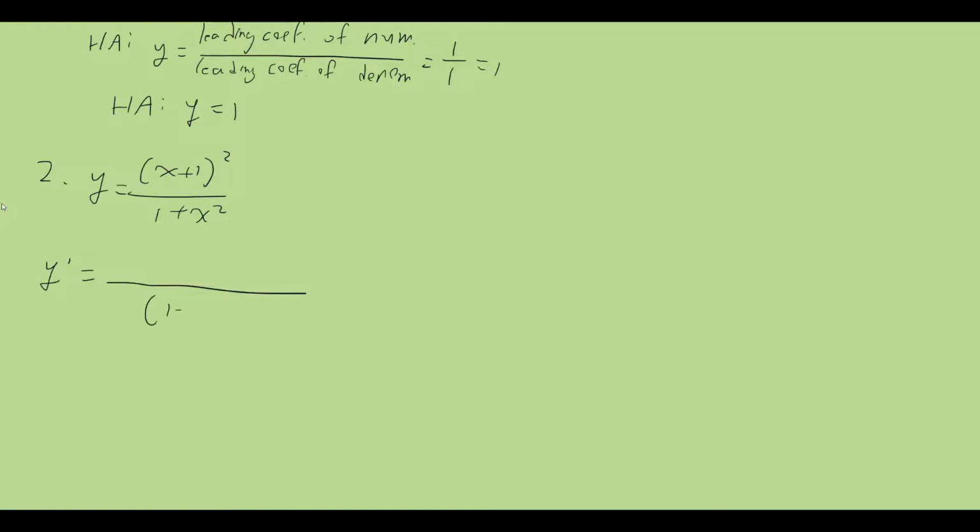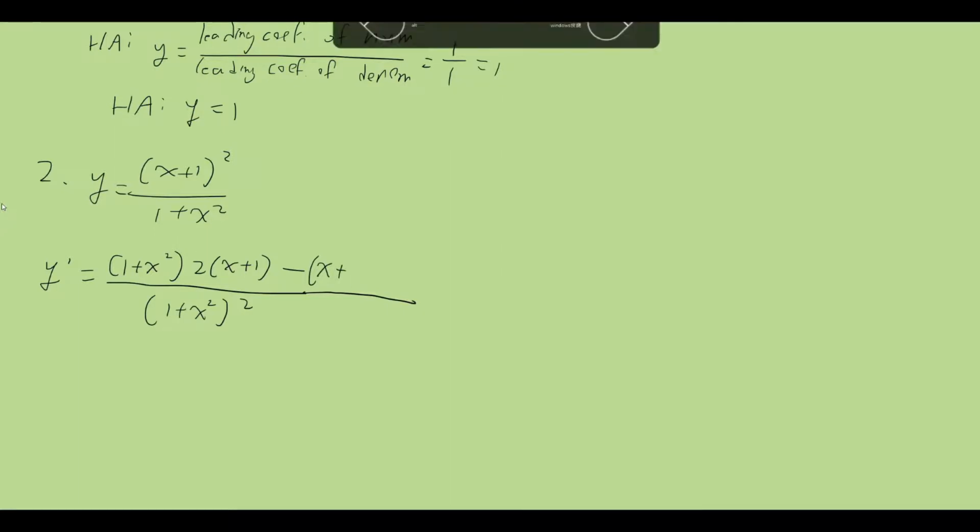We have (1 + x²)² in the denominator, and a copy right here, 1 + x², and then multiply by the derivative of the numerator, which will be 2 times (x + 1). The chain rule factor is 1, so we don't have to worry about that. Minus the numerator times the derivative of the denominator, which is just 2x.